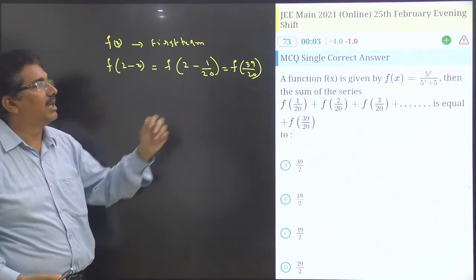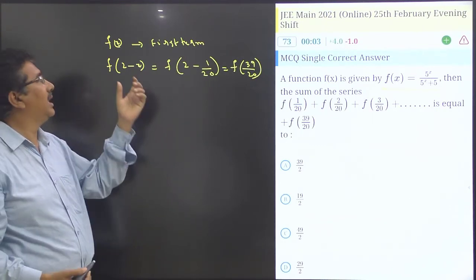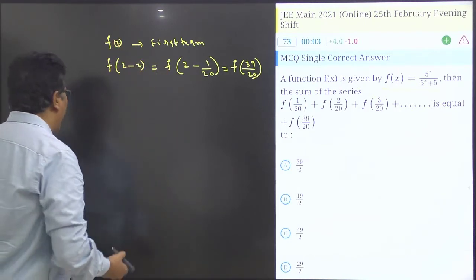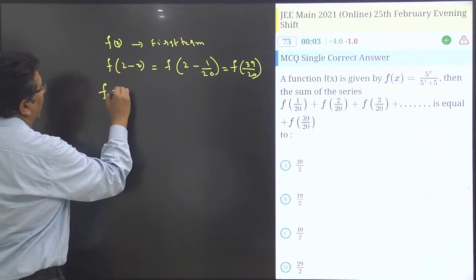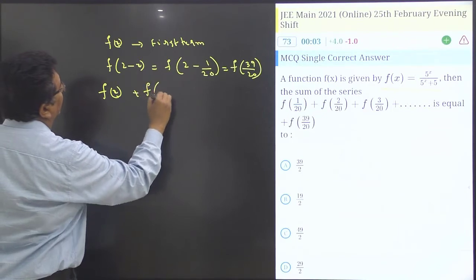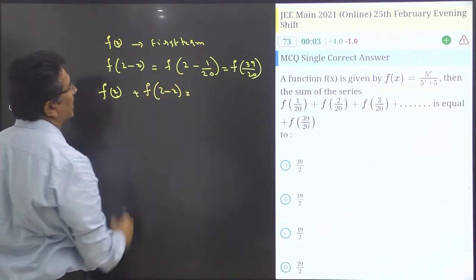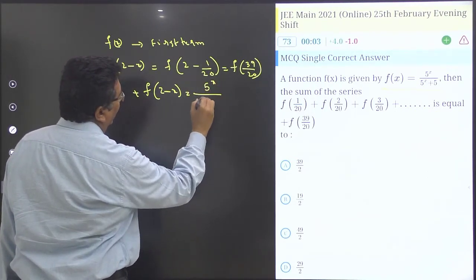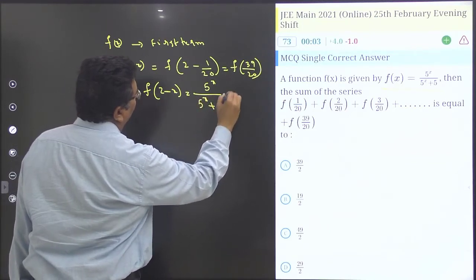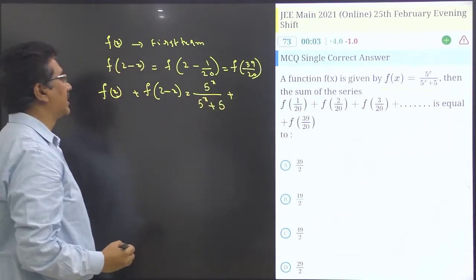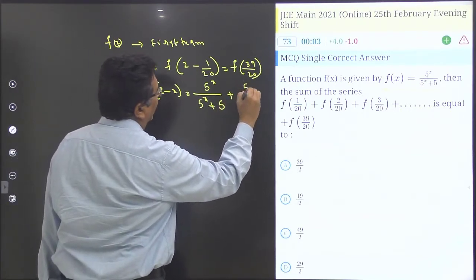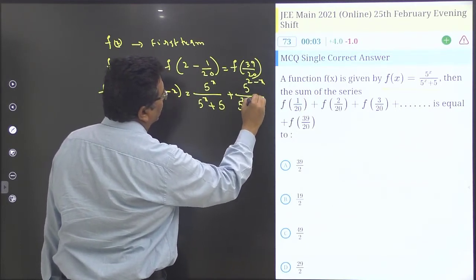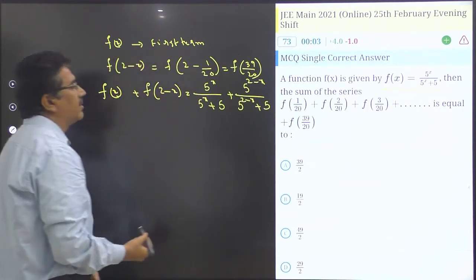See, f of x plus f of 2 minus x is equal to 5 power x divided by 5 power x plus 5, plus 5 power 2 minus x divided by 5 power 2 minus x plus 5.